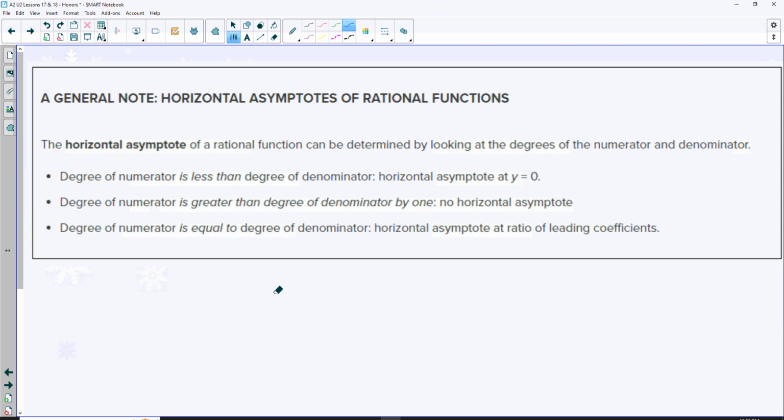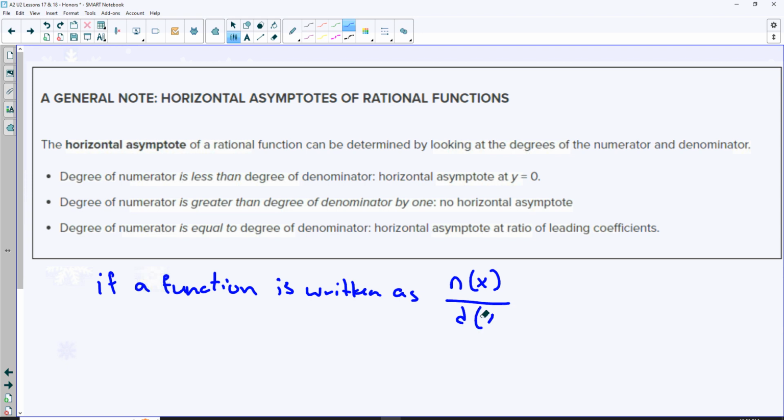The horizontal asymptote of a rational function can be determined by looking at the degrees of the numerator and the denominator. Okay, so now this is if a function is written as, let's say, n of x for numerator divided by d of x for denominator.